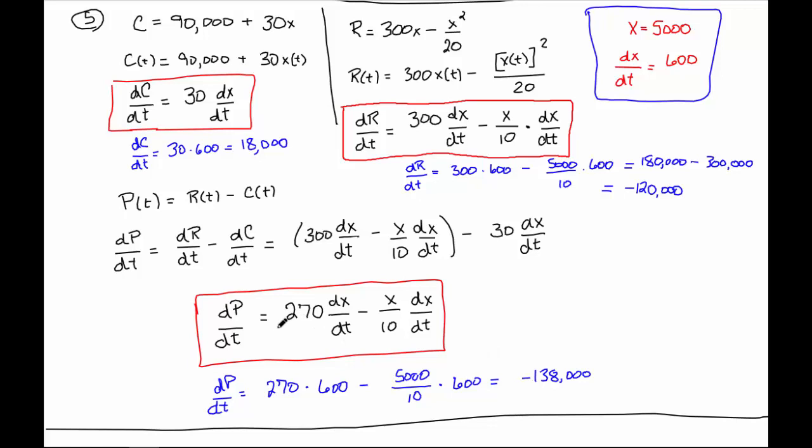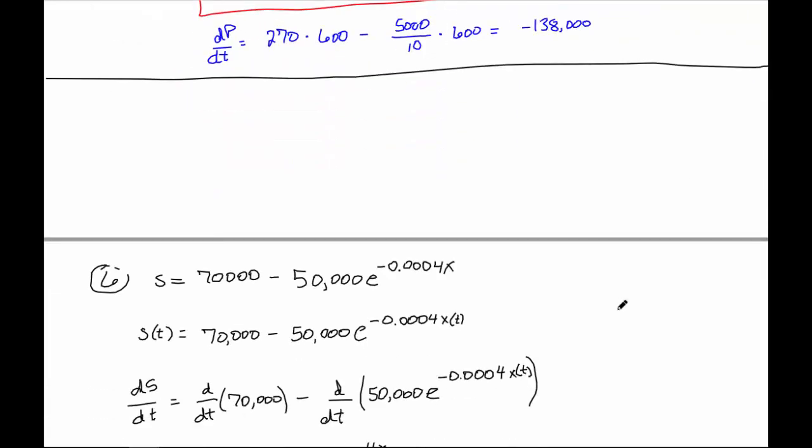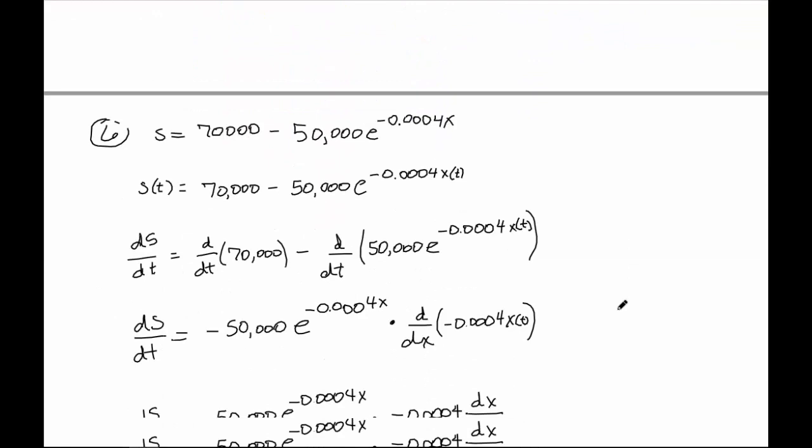All right, and so I get that the profit with respect to time looks like this. And if we fill this in, we see that it is decreasing at a rate of negative 138,000. My costs were increasing at that time. So that's not good. My costs are going up, my revenue is going down. All right, and then in our last problem, let's see.